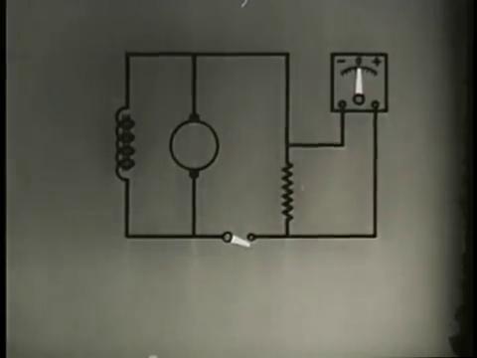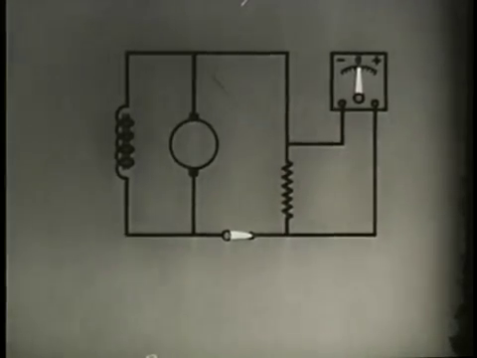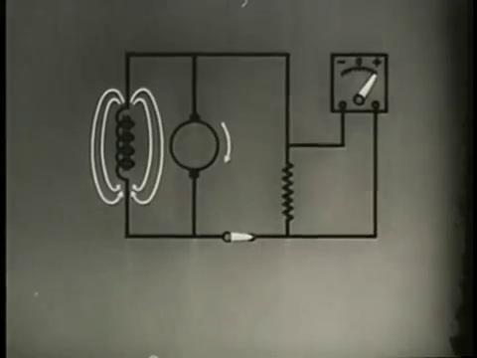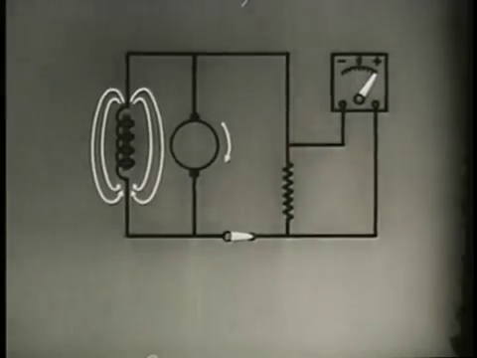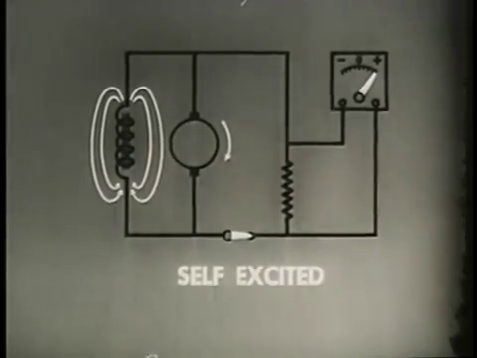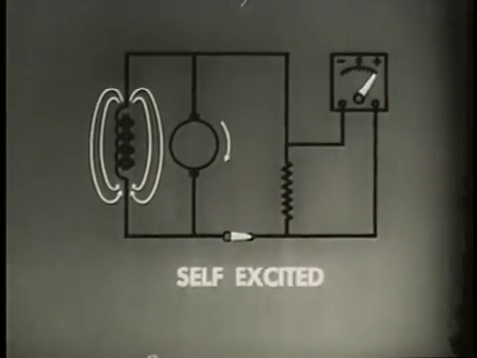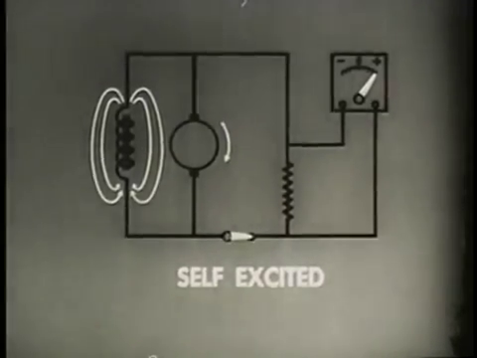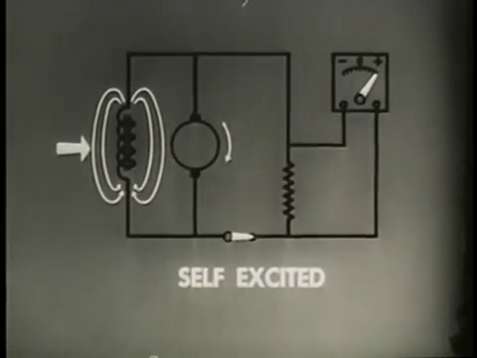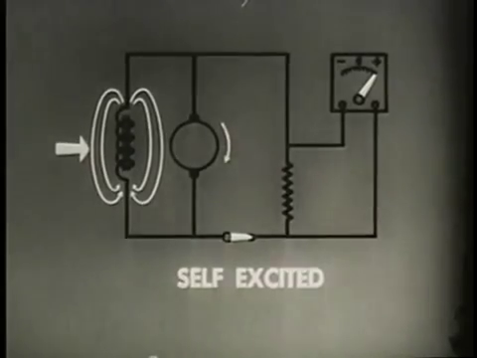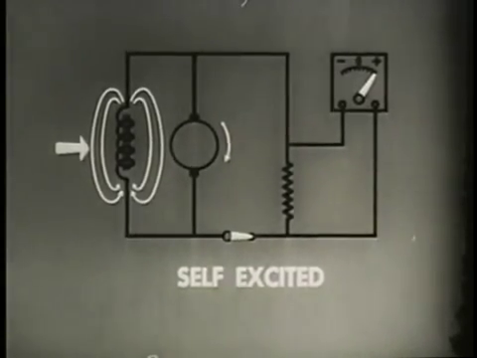A small part of the generator's own output can also do the exciting. In that case, it will be a self-excited generator. Self-excited generators must be initially magnetized. The residual magnetism in the core of the field winding provides enough magnetism to begin generator action.